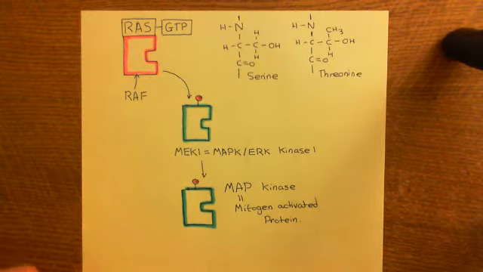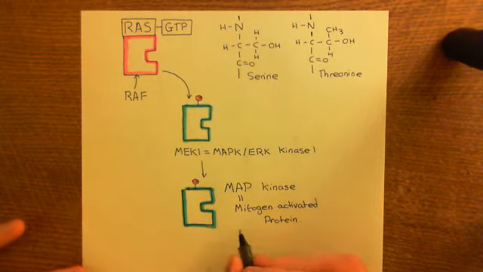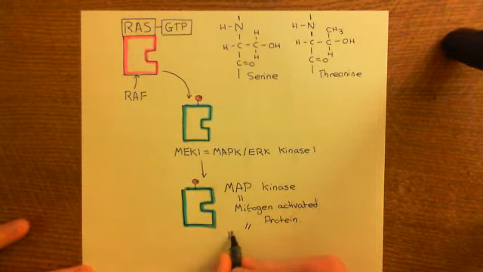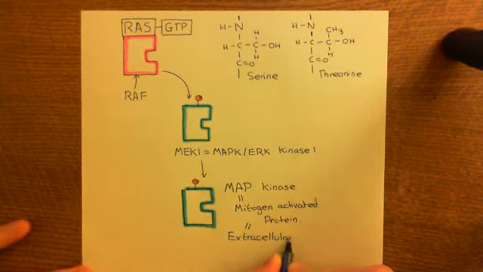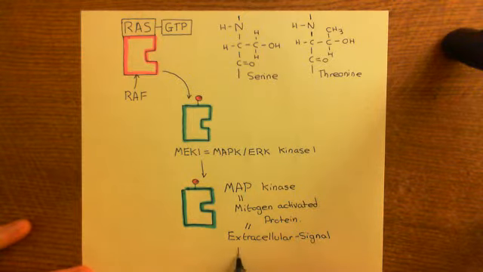Now this enzyme, confusingly, is also known as the extracellular signal regulated kinase, and this is why it can also be referred to as ERK. So extracellular signal regulated kinase.